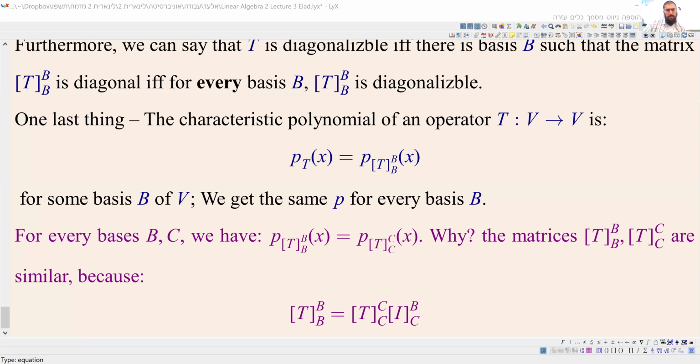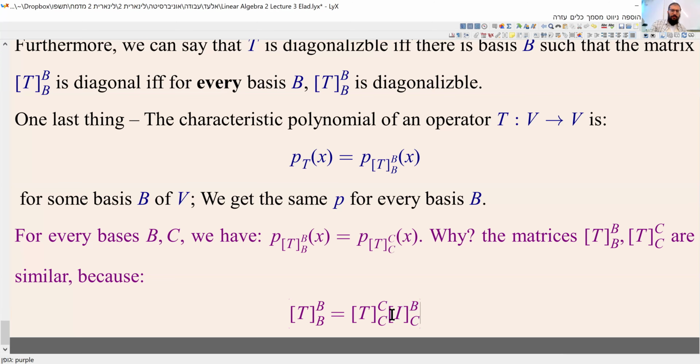No. Okay, it's a weird one. Let's look for French. Maybe it's French. I understand it. Français. Yeah. It's the same. I don't know how it's called. The matrix I from B to C. No? Okay.